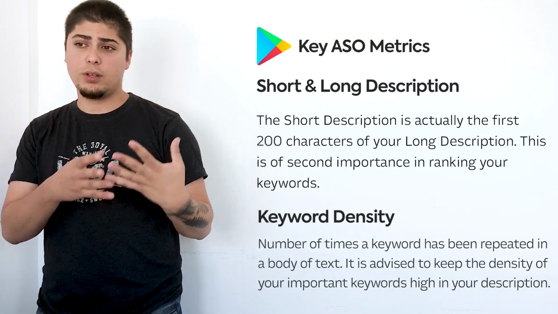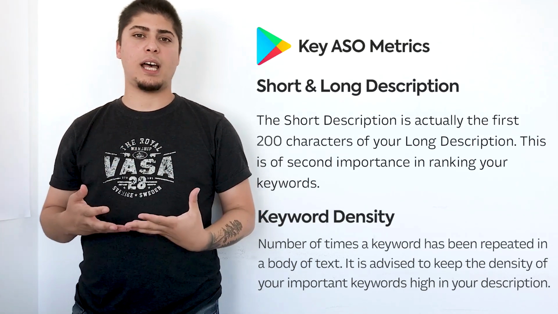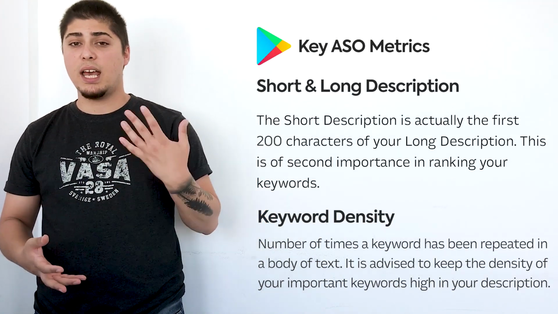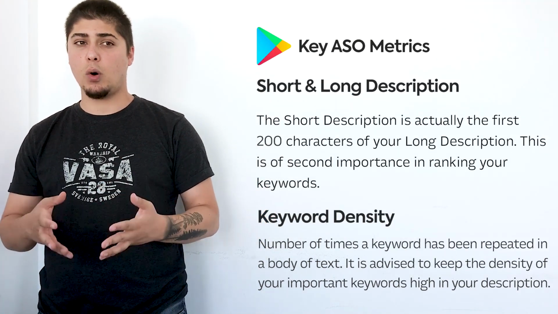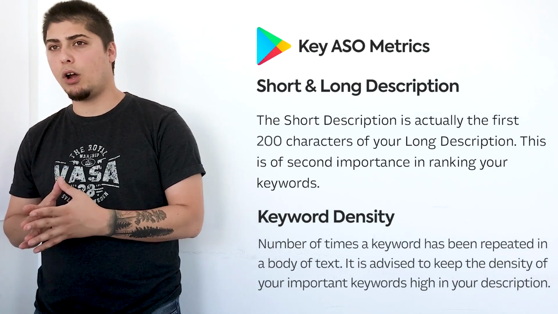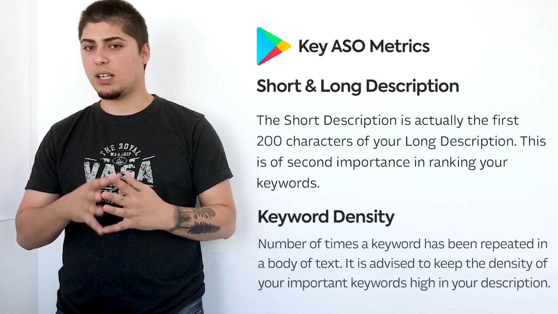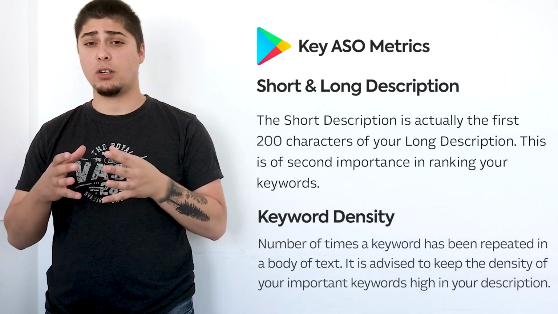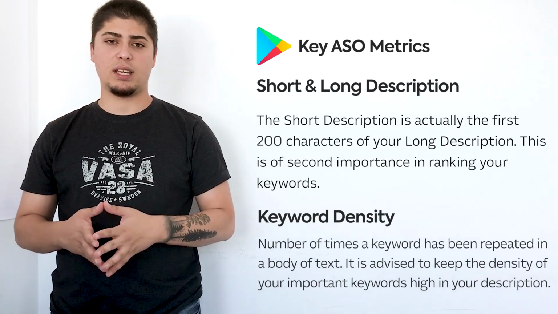To do that, Google looks at the number of times a keyword has been repeated in your description. So we usually suggest you repeat your most important keywords around 4 to 6 times across your description, and having them first appear in your short description always helps.